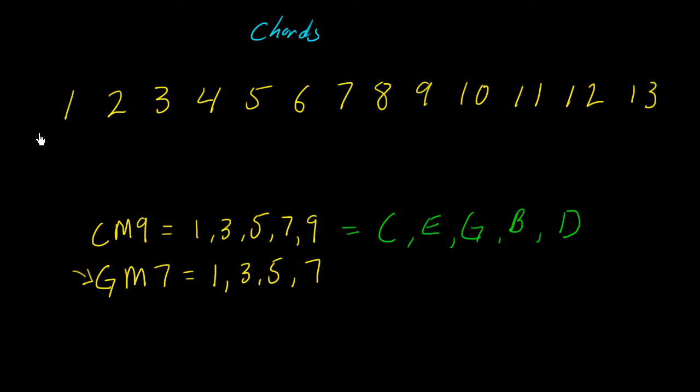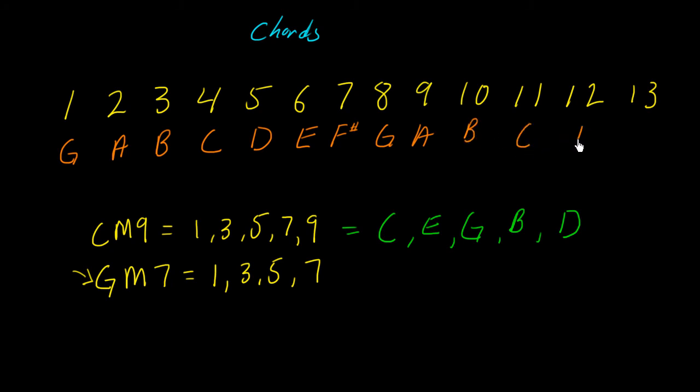And then I would have to create the G major scale, and that would be G, A, B, C, D, E, F sharp, back to G, A, B, C, D, E.